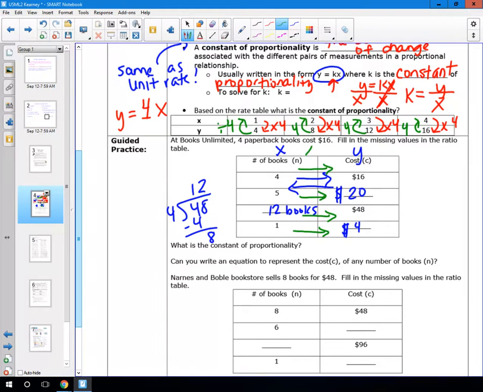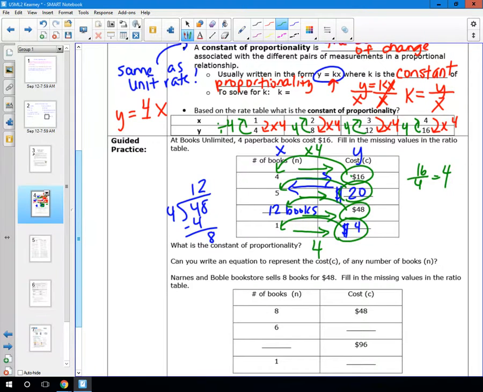That's right, you were multiplying by 4. We also said the constant of proportionality could simply be y divided by x. So you might work backwards: 16 divided by 4 is 4. 20 divided by 5 is 4. 48 divided by 12 is 4. 4 divided by 1 is 4. So my constant of proportionality is 4.